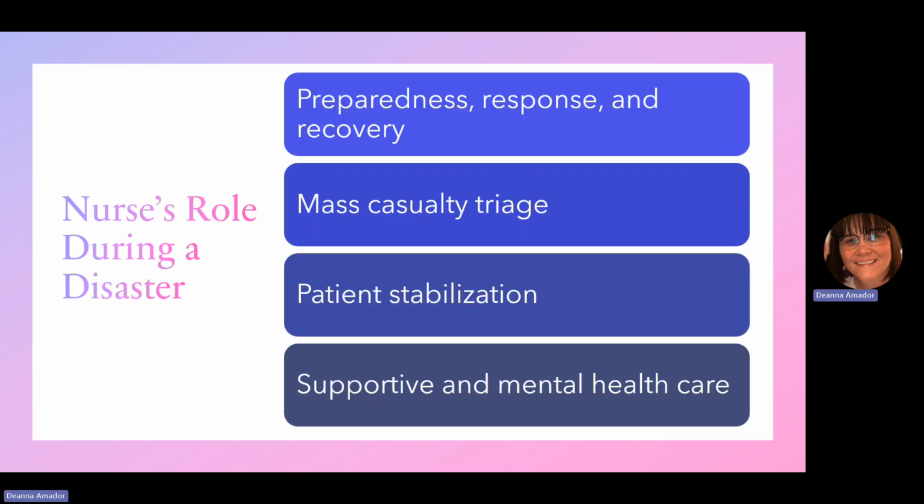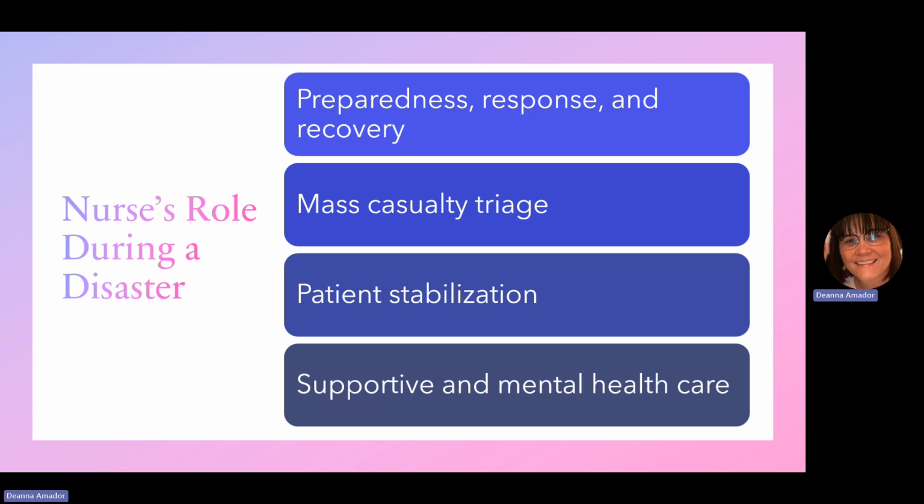The nurse's role during a disaster is preparedness, response, and recovery. So effectively planning an emergency response requires hospitals to address many details, such as staff safety and the availability of PPE, decontamination equipment, and process surge capacity, evacuation plans, so on and so forth.